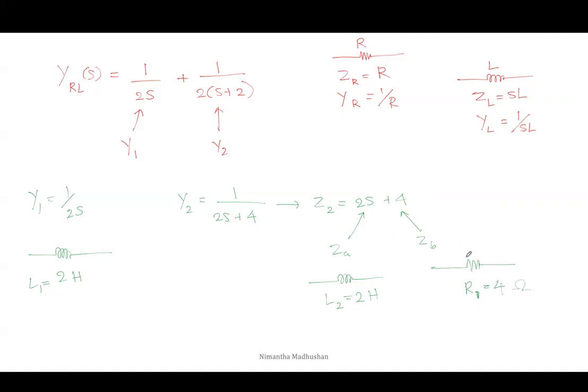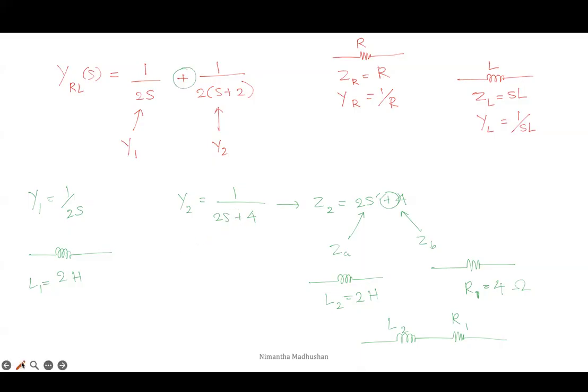These two elements are connected in series because of this plus mark. These two are impedance values connected with a plus mark, then they are connected in series, L2 and R1. And in the final circuit, these two admittance values are connected with the plus mark. That means they are connected in parallel.